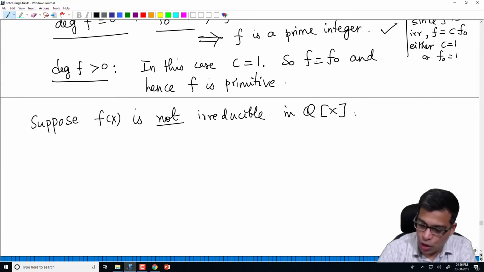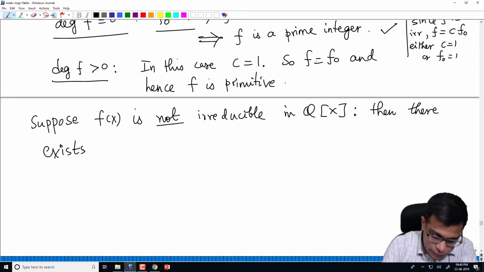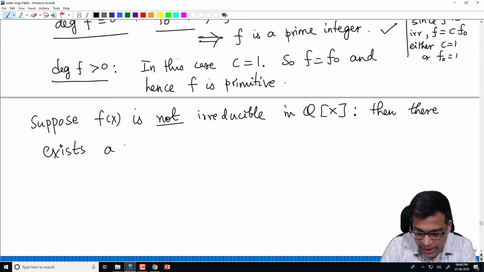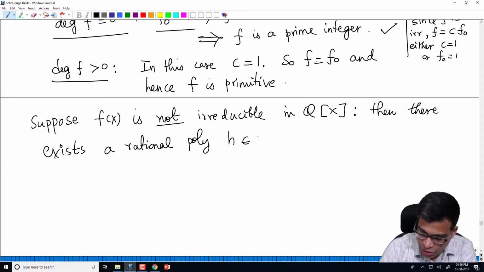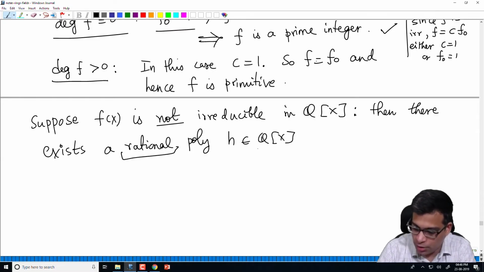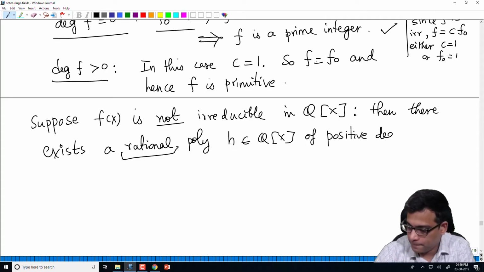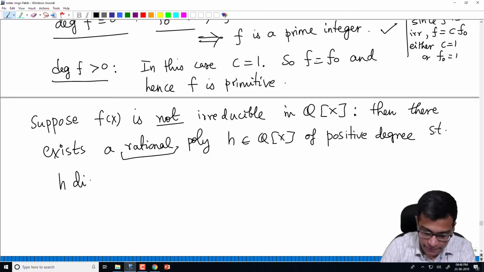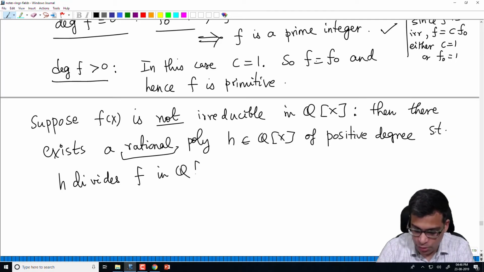If it's not irreducible, then there exists a rational polynomial h in Qx, of positive degree, such that h divides f, of course in Qx, right?